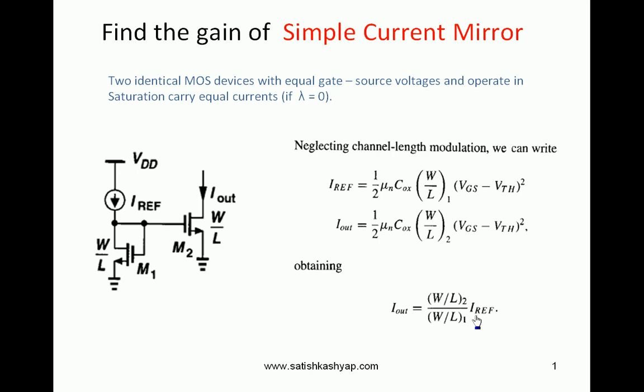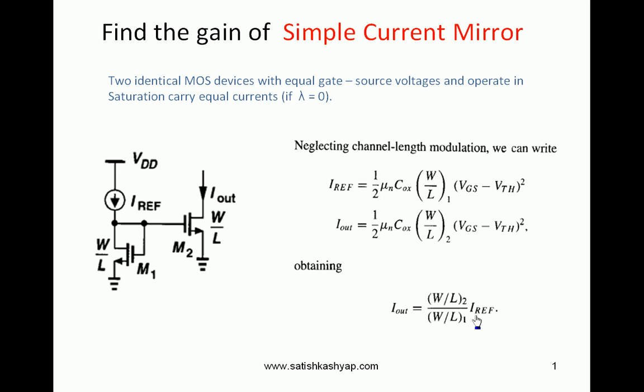If W by L of 2 is equal to W by L of 1, I out is exactly equal to I reference. Otherwise, if W by L of 2 is greater or smaller than W by L of 1, you may get I out lesser or more than the reference current. So we can get the output current equal to, less than, or greater than the reference current.